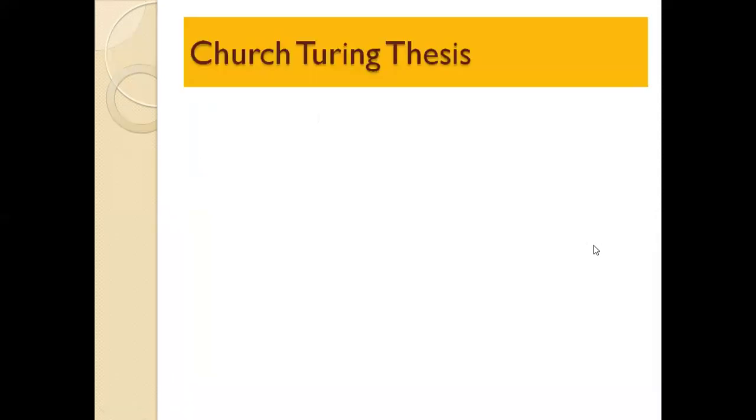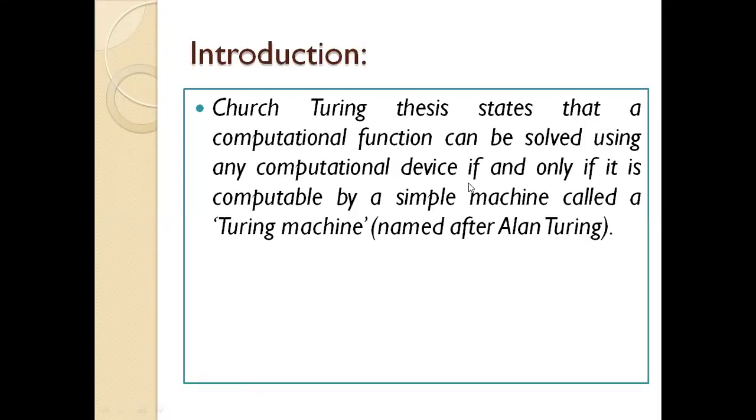Okay, so now the Church-Turing thesis. The Church-Turing thesis states that a computational function can be solved using any computational device if and only if it is computable by a simple machine called a Turing machine. So the Turing machine, we know it was named after Alan Turing, right?